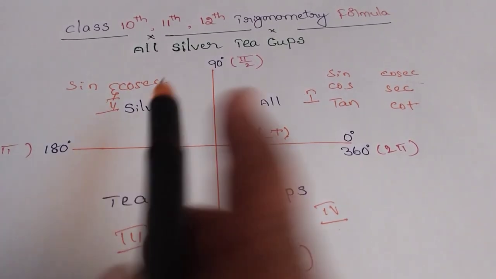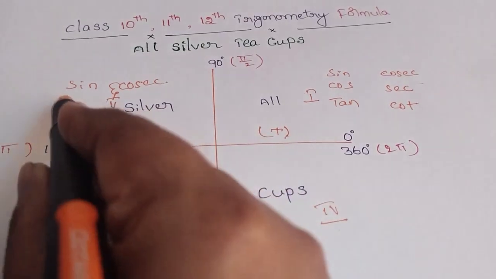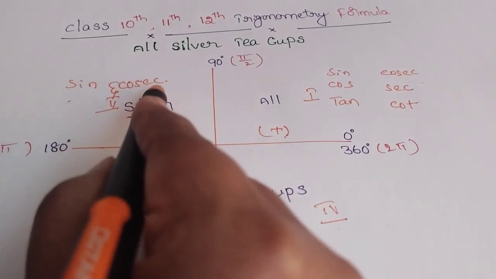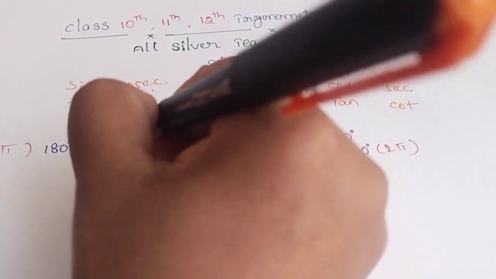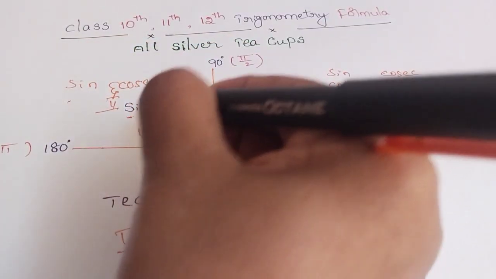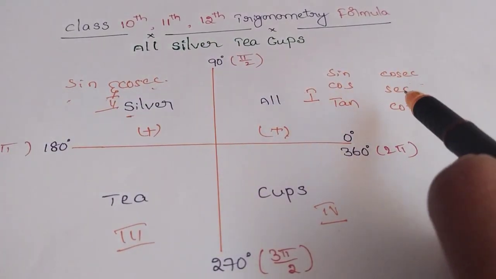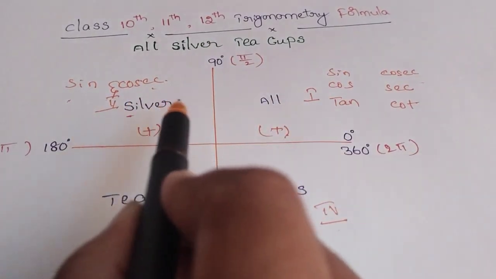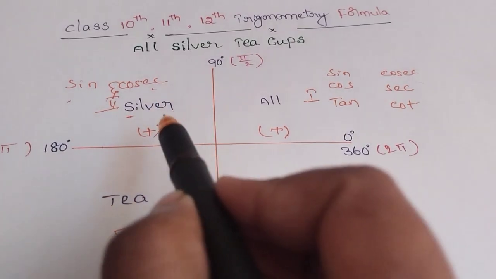In this, we represent S as sine, and the opposite is cosecant. Only these two are positive in the second quadrant. The remaining are negative. What are the remaining? Cos, secant, tan, cot. These remaining 4 are negative in this second quadrant.